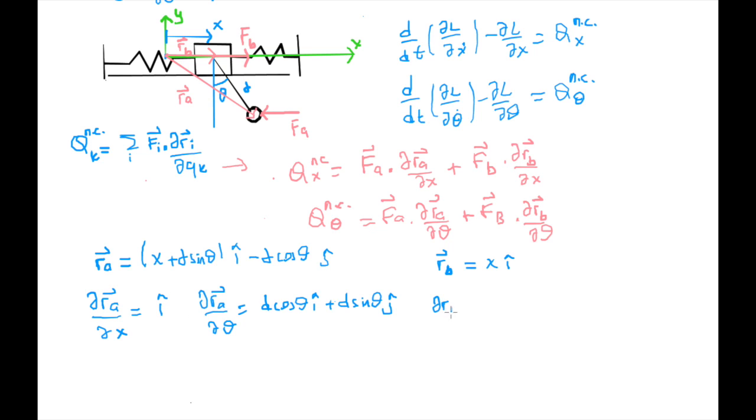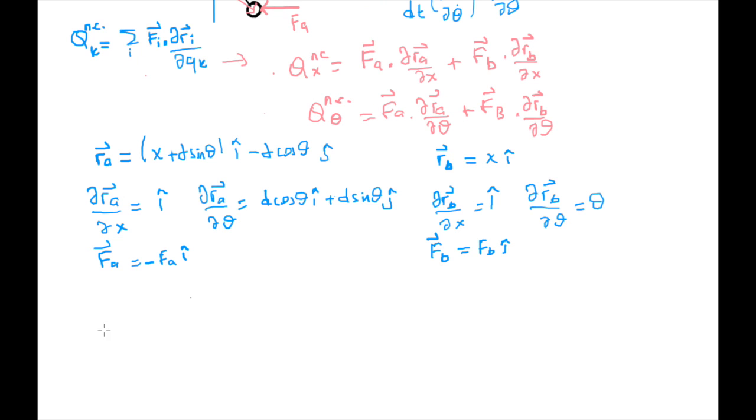Now for Rb, partial Rb partial x is 1 in the i direction, so it's just i, and partial Rb partial theta is of course 0. Okay, so what is Fa? Fa is in the minus x direction, so it's going to be minus Fa in the i direction, and Fb here is Fb in the i direction. Okay, so now I have everything I need.